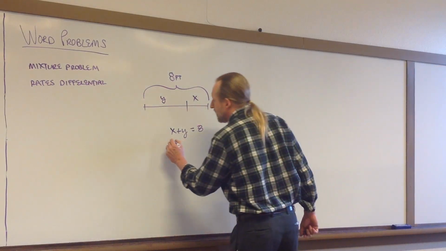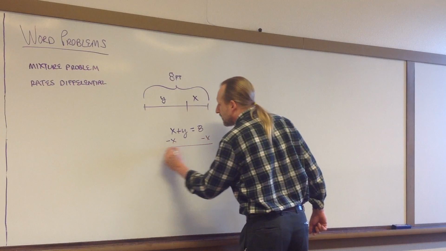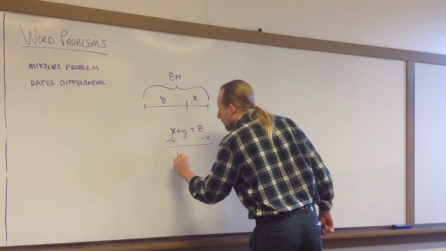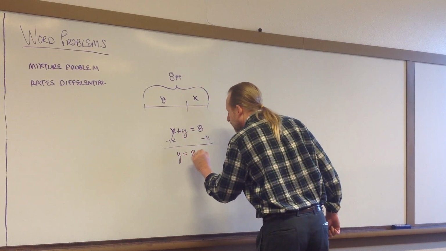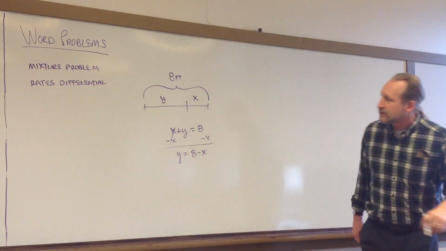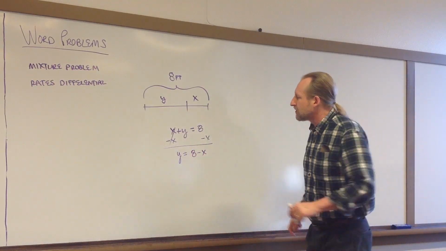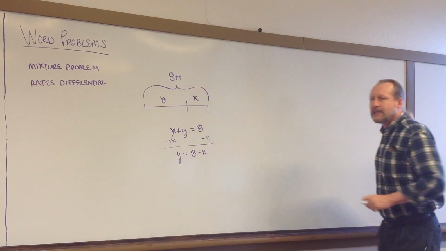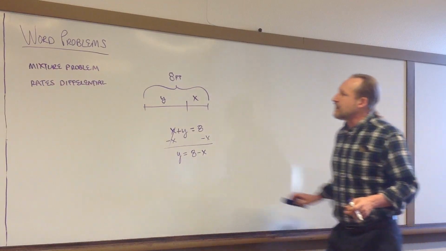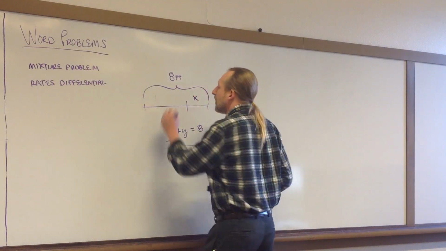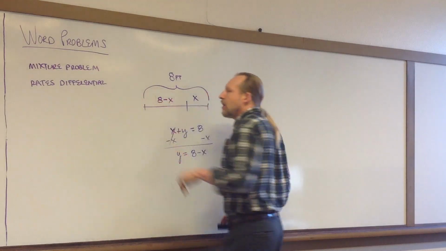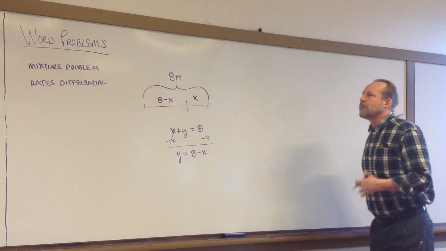See, if I move the x, just like we did for substitution, to solve a system of equations by substitution, we isolate one of the variables. This y is actually nothing more than 8 minus x. When we're going through these problems, I'll talk about it in both ways.